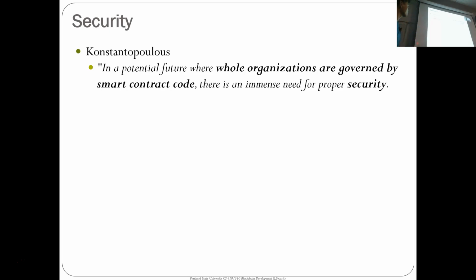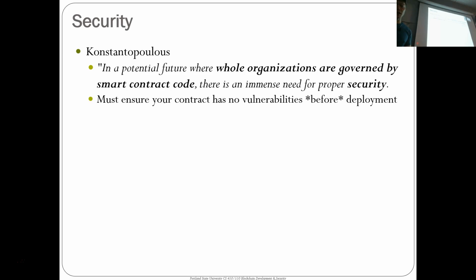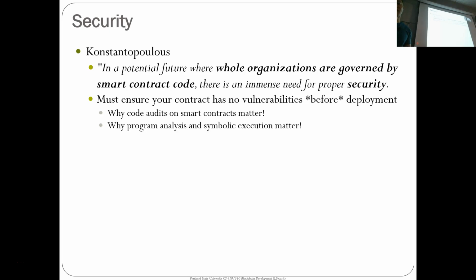So this motivates security. This is a quote from Konstantinopoulos, who has written many books on Bitcoin and Ethereum, or the best books on Bitcoin and Ethereum. You really need this to be secure, which is why the whole second half of this course is about security issues on smart contracts. You have to make sure your contract has no vulnerabilities before you deploy it.